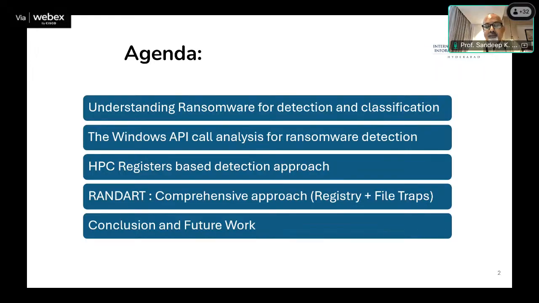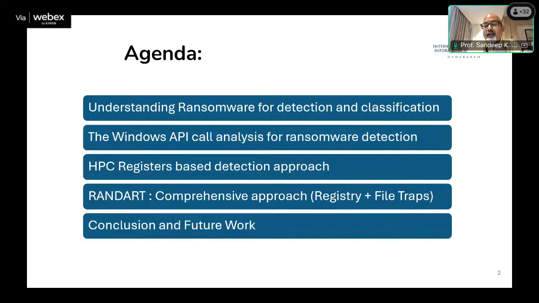Therefore, API call analysis was one of the first things that people thought about when they started thinking about how to detect or classify malware. In ransomware also, there are certain API calls that are more often called by ransomware, which are not so often called by benign executables or normal executables or by other classes of malware.